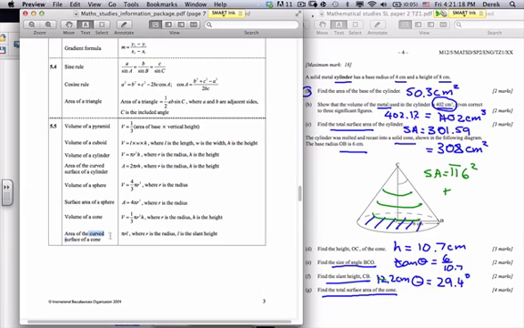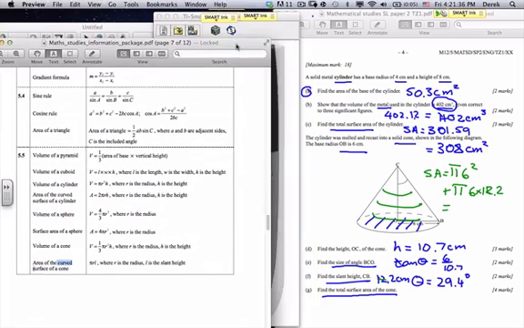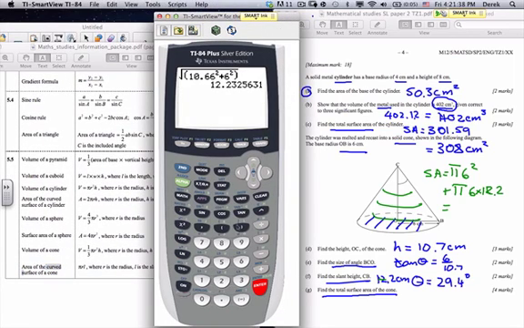So we're going to have pi r, which is 6, times l, which was 12.2. I'm going to have that, and that will give me my total surface area.